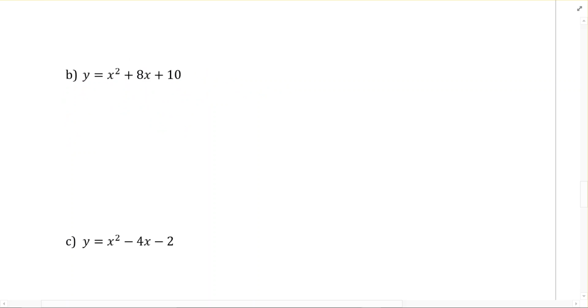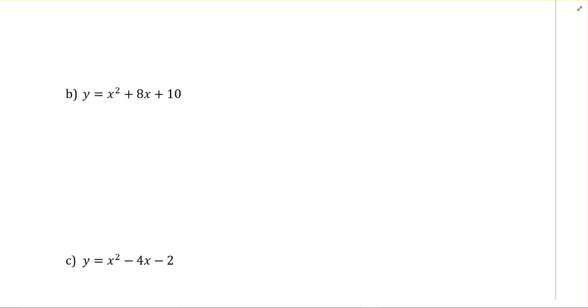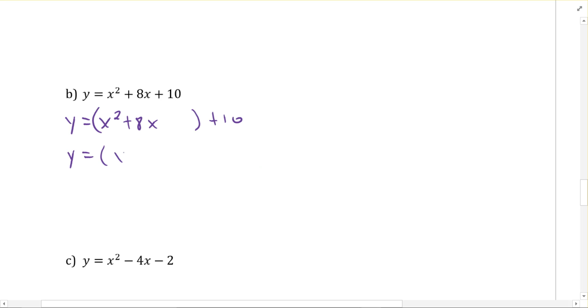I think it'll help if we just do a lot of these. So let's rewrite this again. So I'm going to say y is equal to x squared plus 8x. I'm going to leave a space, and I'm going to put 10 on the outside. Now we're going to say y is equal to, and it's going to be x plus 4, right? Half of this number gave me this one.